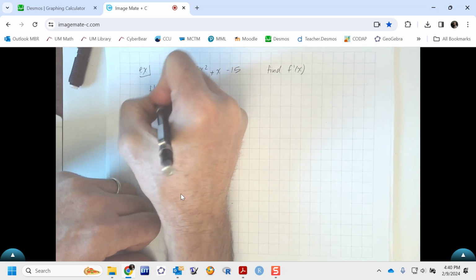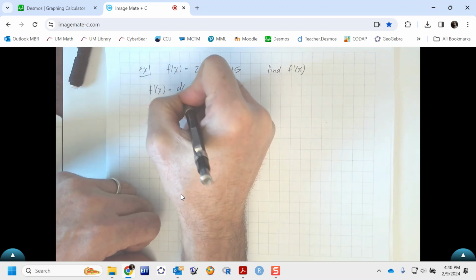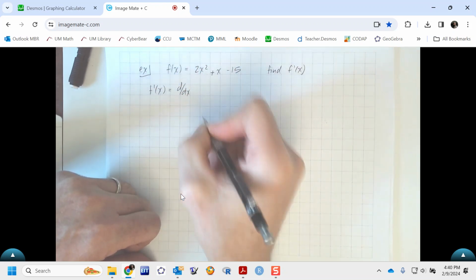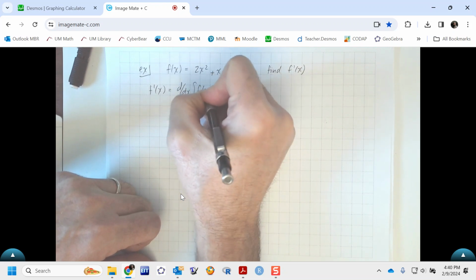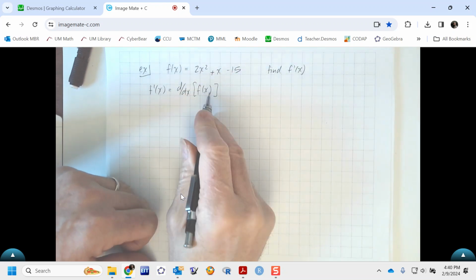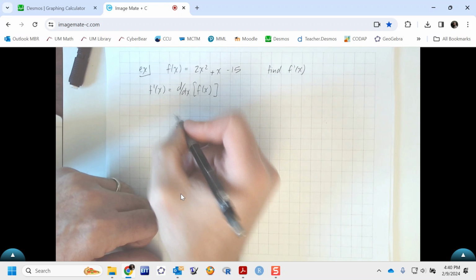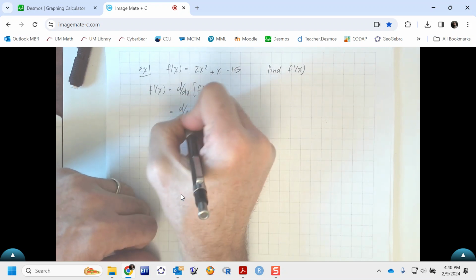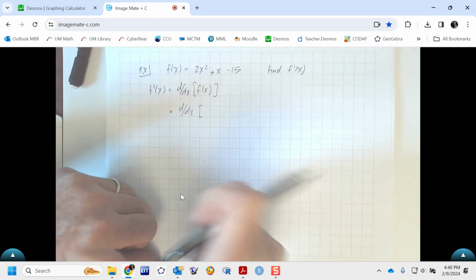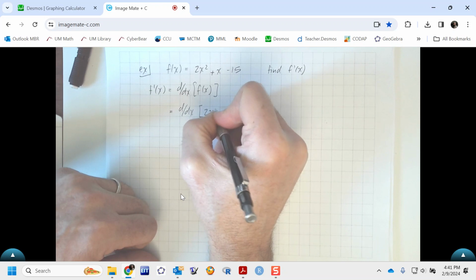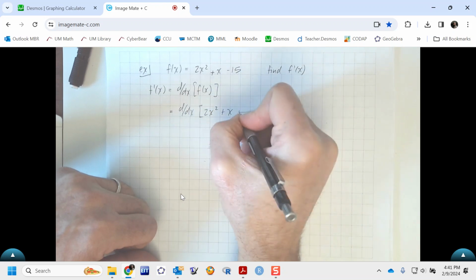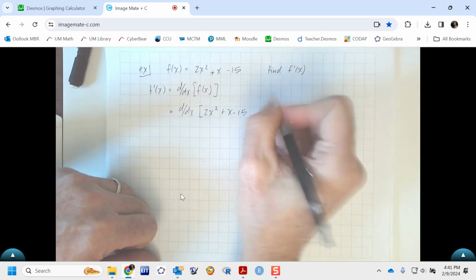So f prime of x is going to be equal to the differential operator of f of x, right? I want to take the differential operator across the function. So I'll take the differential operator and put it across 2x squared plus x minus 15.